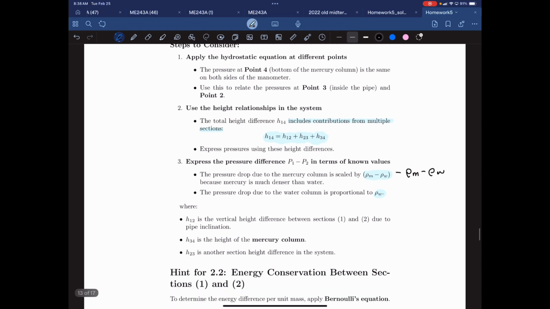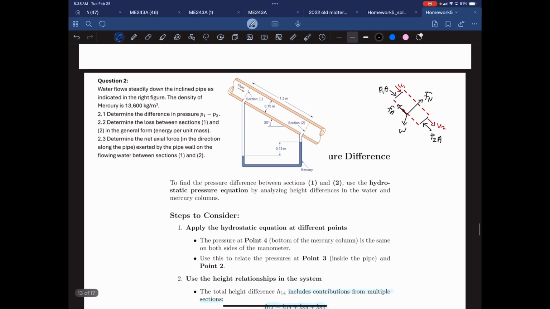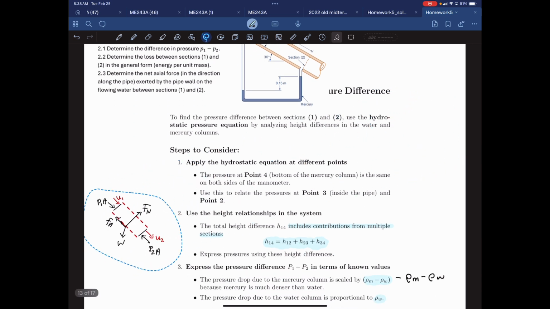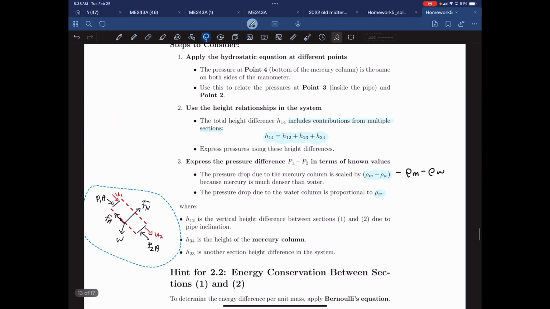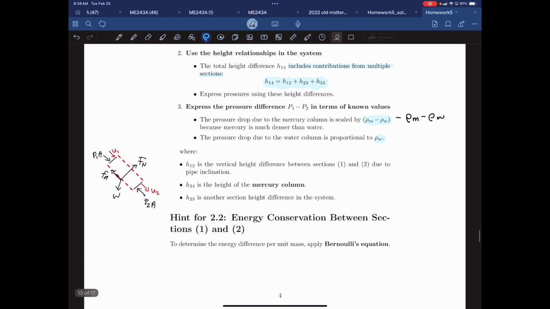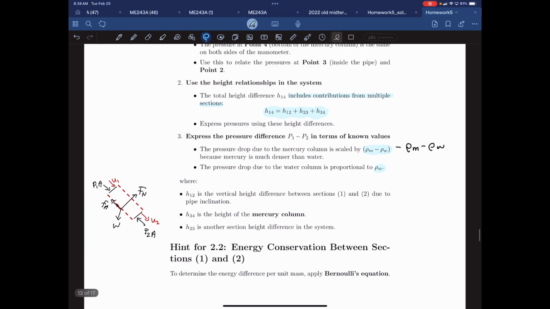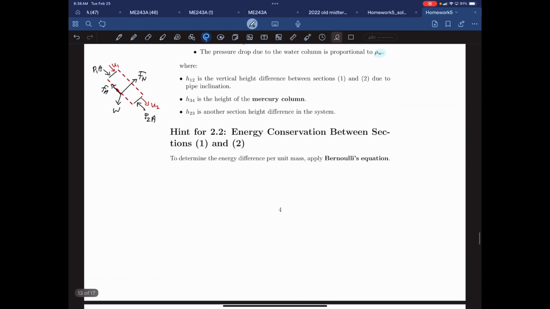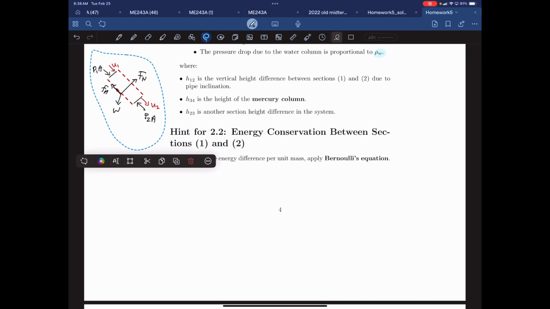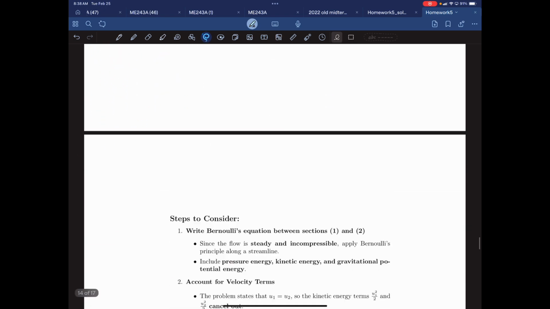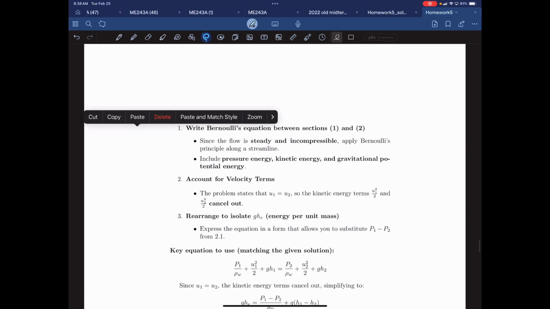I can refer back to the schematic that I have right here. So for 2.2, we're applying Bernoulli's equation.